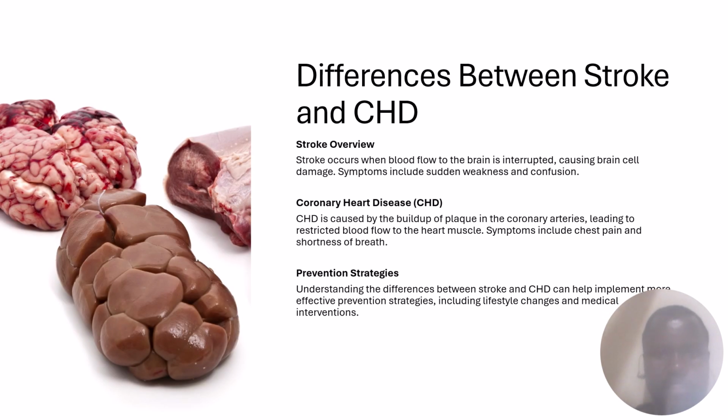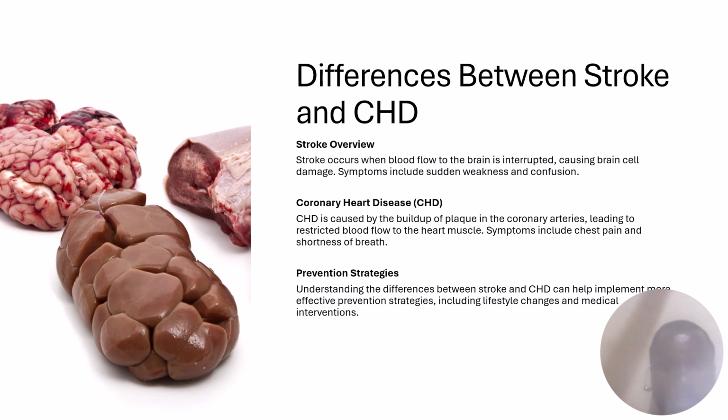It is also important to know the difference between stroke and coronary heart disease. Both are a result of problems with the vascular system, and therefore we are talking about blood vessels. Stroke is a problem with blood vessels in the brain, and coronary heart disease is a condition resulting from blood vessels that supply the heart.